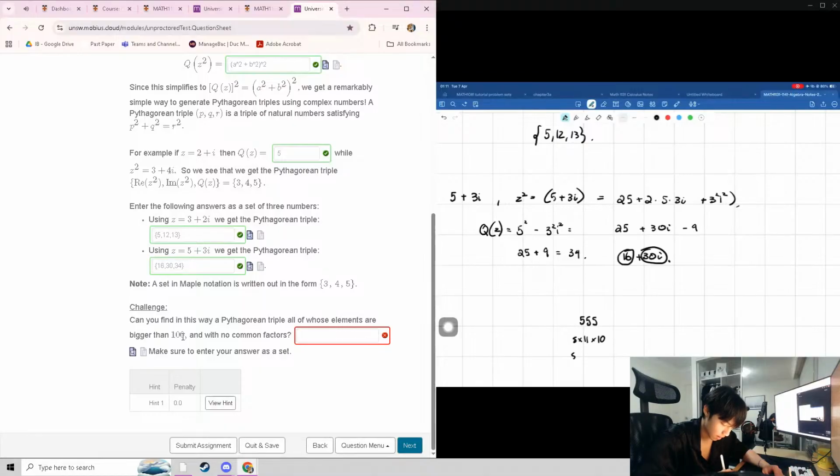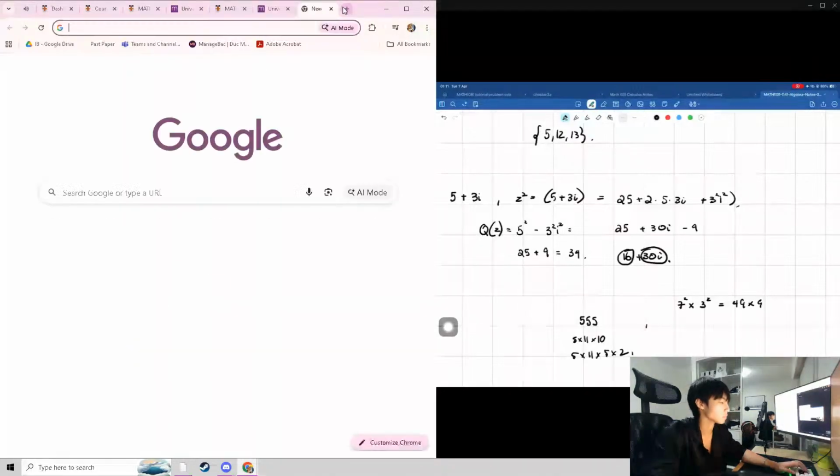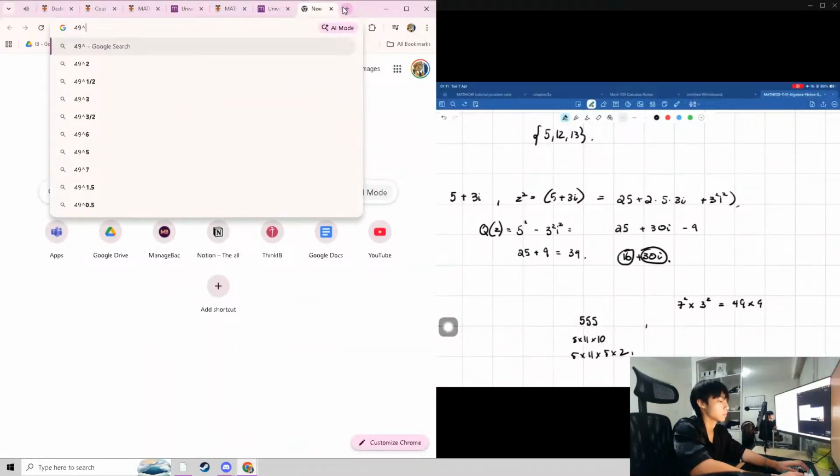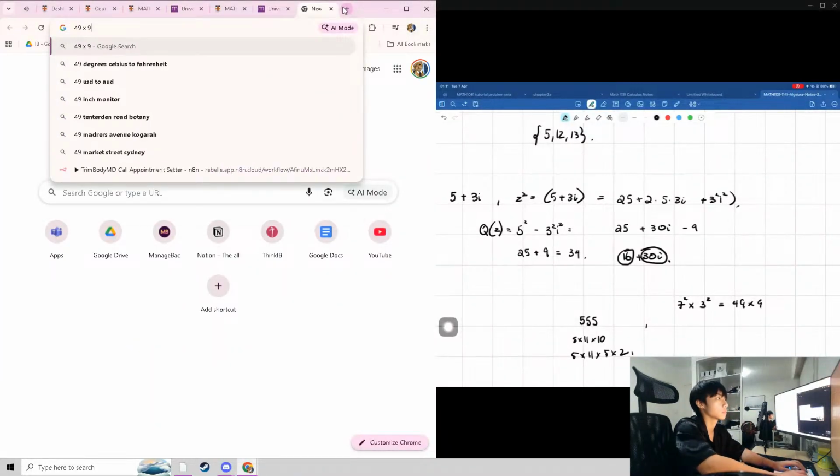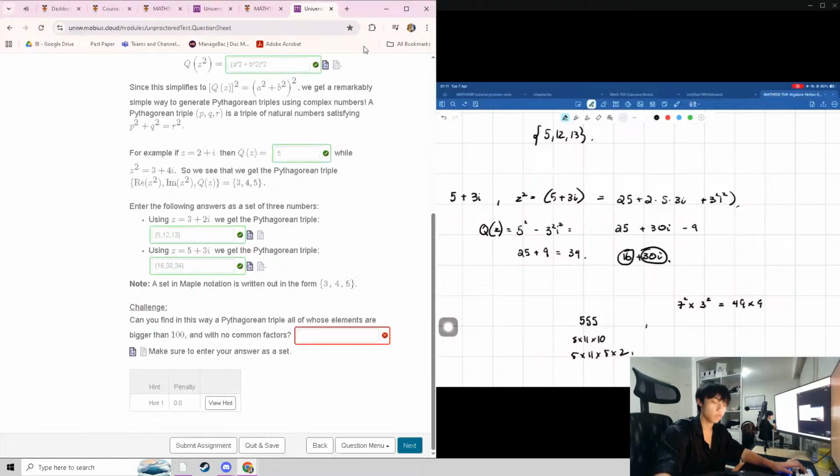We want to take something multiplied by 7, something multiplied by 3, squared, 7 squared. So 49 times 9, 441.